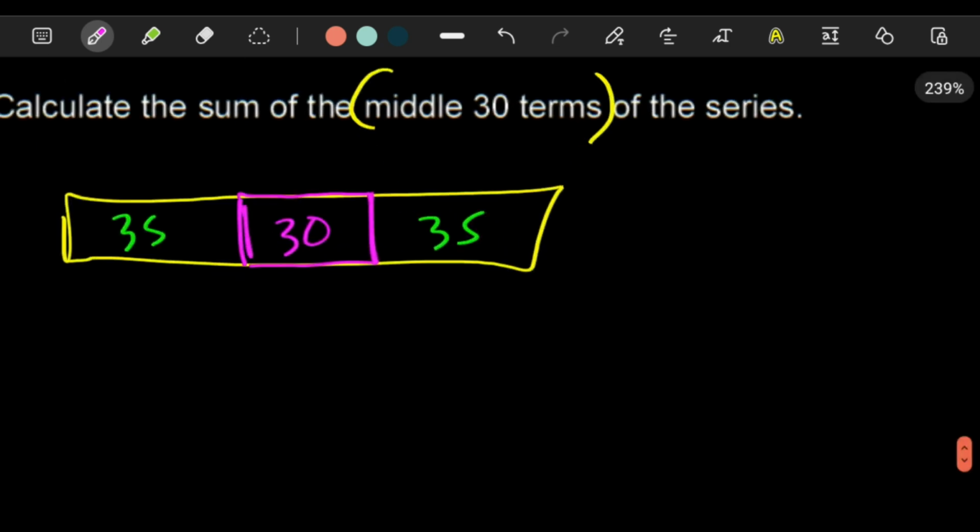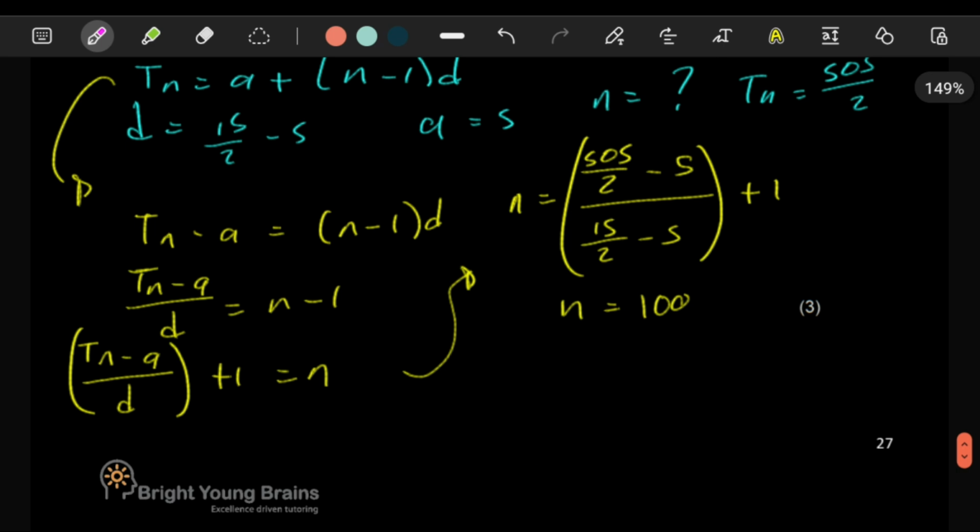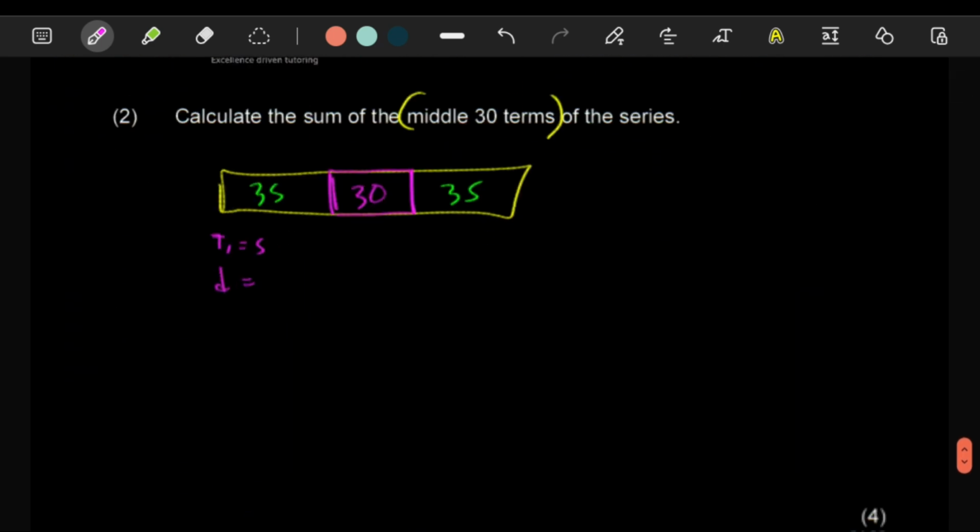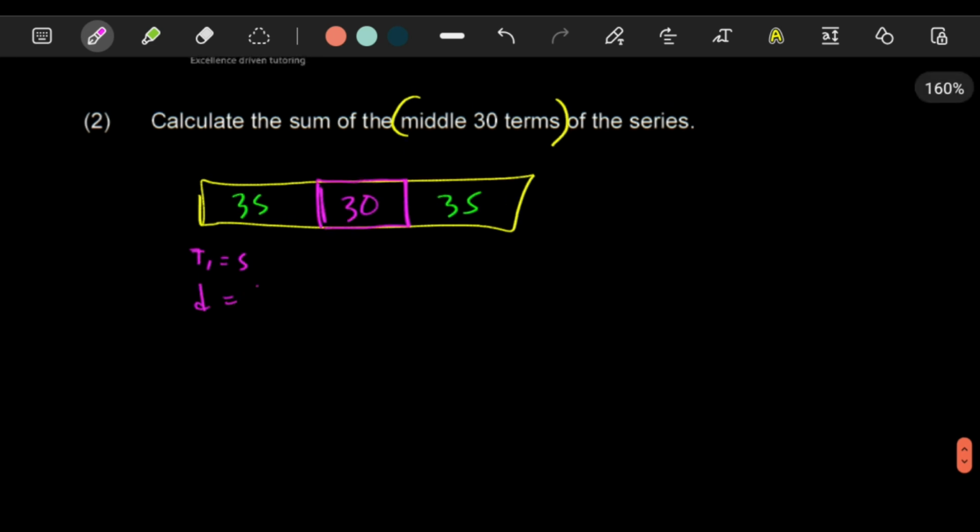So term number 1 is 5, and the value of d, as we worked it out, is 15 minus 5, which in your calculator is 5 over 2.